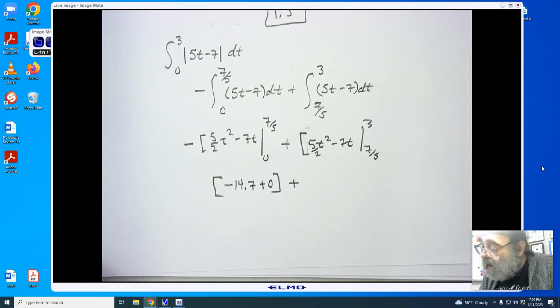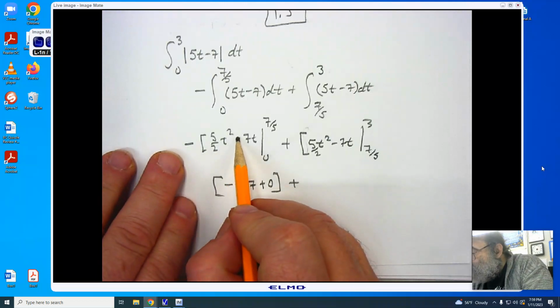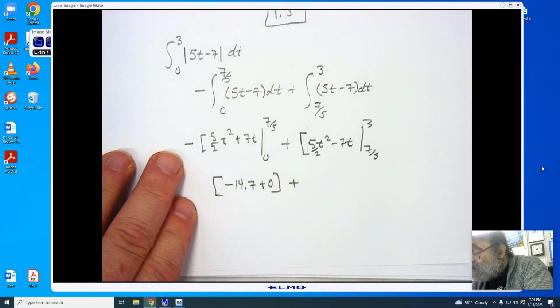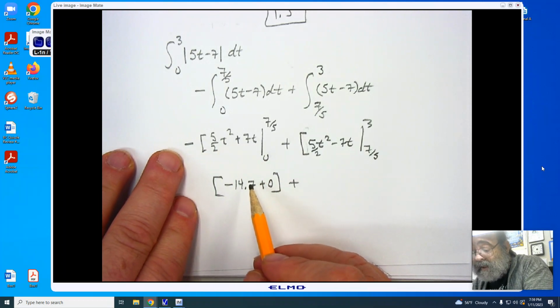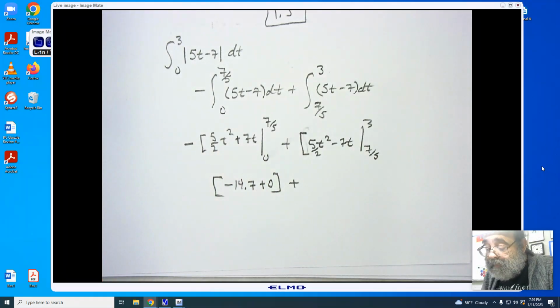Hang on, I see an error. Notice that should have been a double negative for a plus right there when I distribute that negative, and I did not do that. So let's just go ahead and redo it.